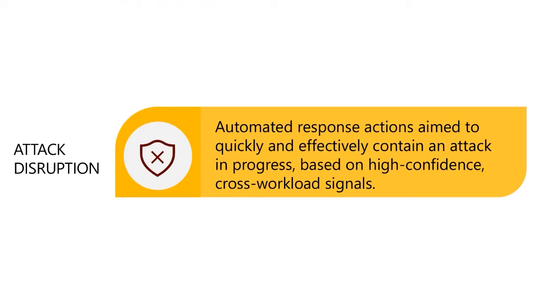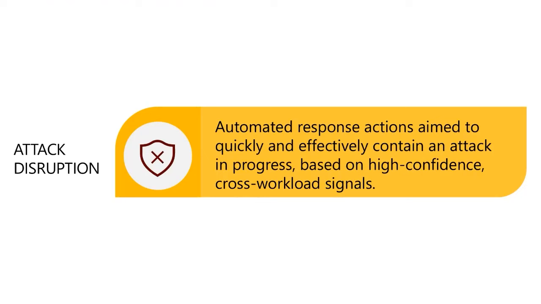Attack disruption is a set of capabilities we have at the XDR level, which allow us to intervene into an ongoing attack at machine speed and disrupt that attack before that attack plays out to full fruition.